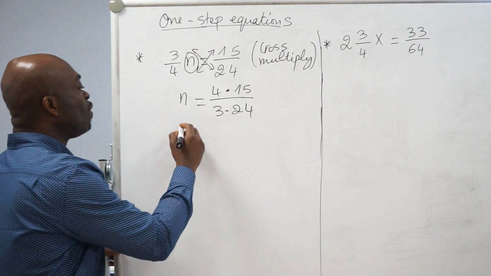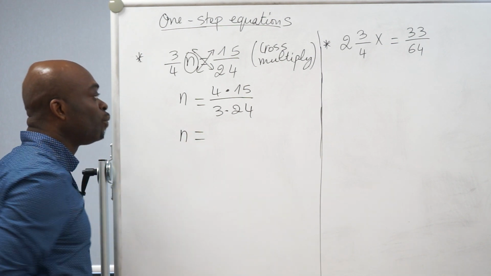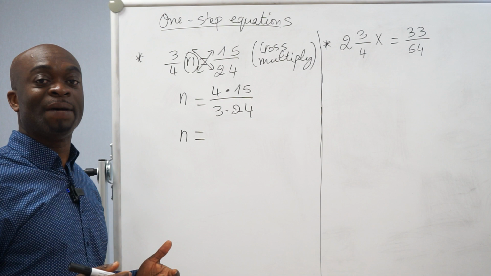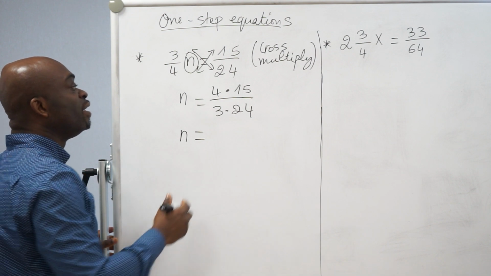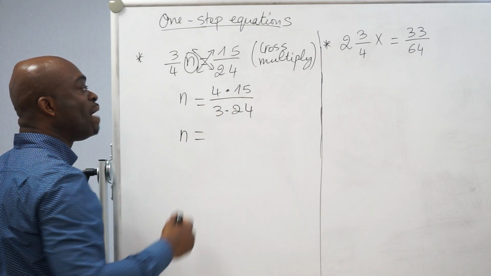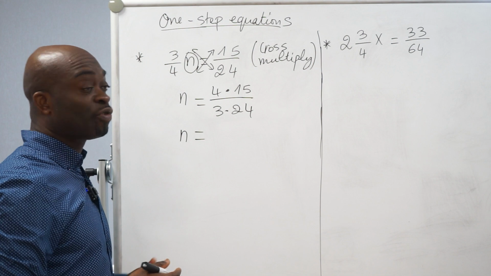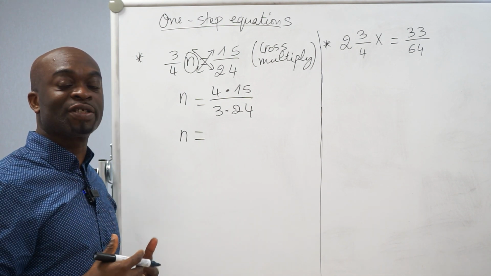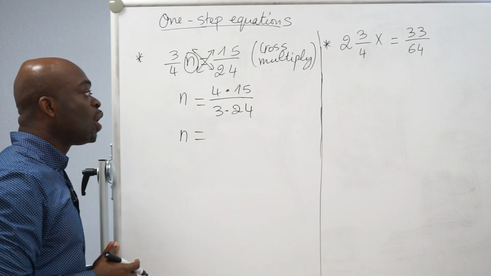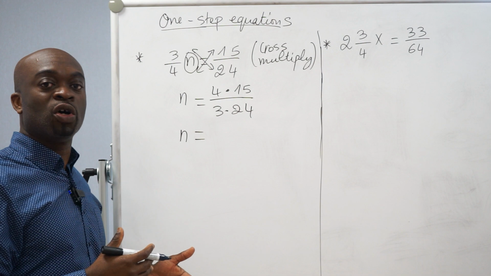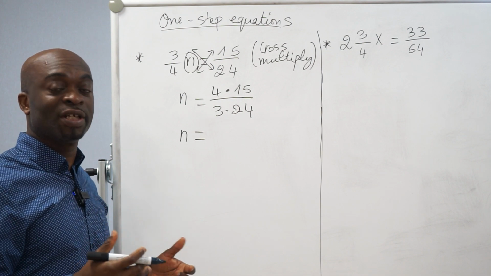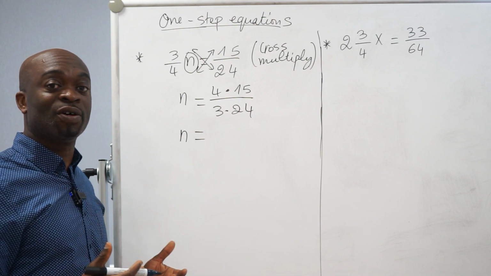Once we get here, we need to simplify. Somebody can choose to multiply 4 by 15 and then multiply 3 by 24 and then afterwards simplify the fraction. Get back to our videos on fractions so that you can get more practice on that.